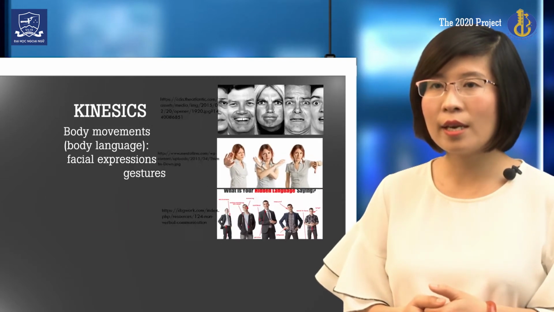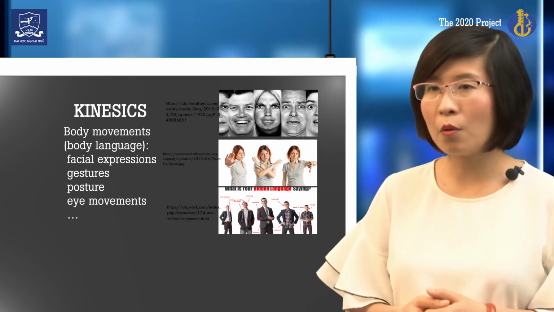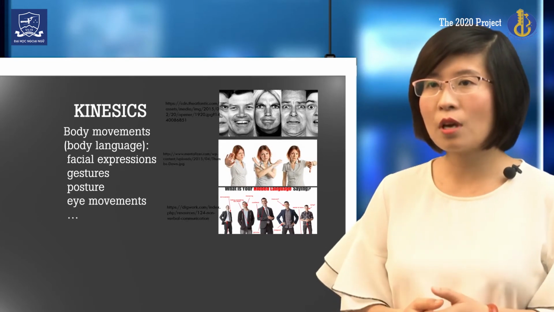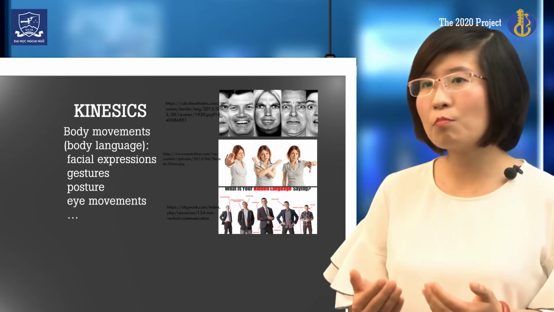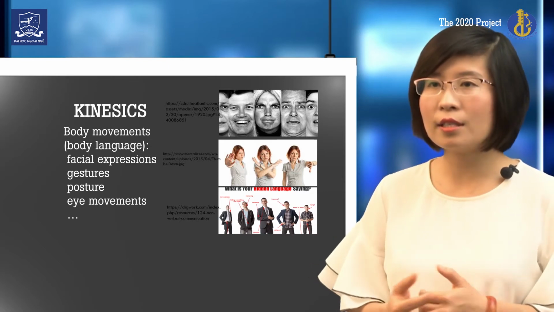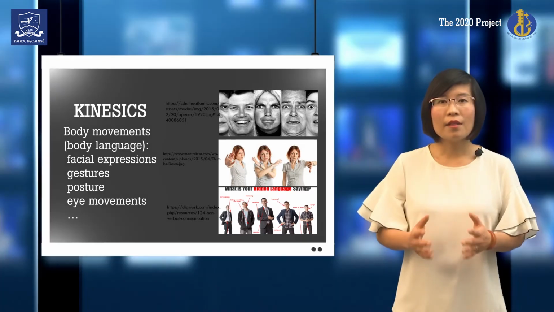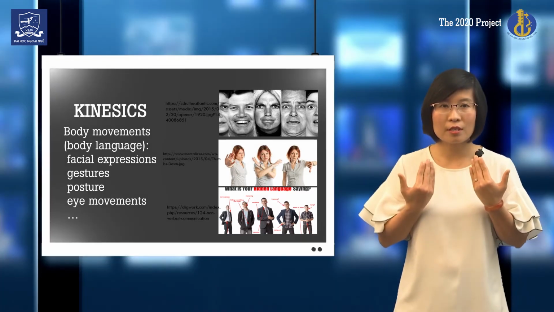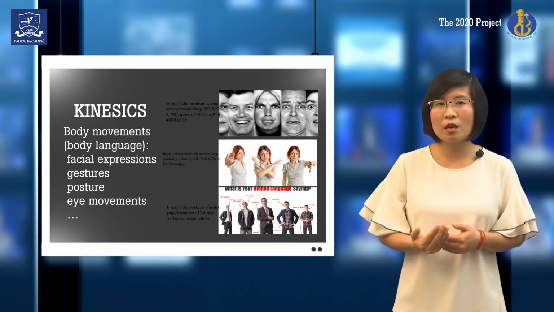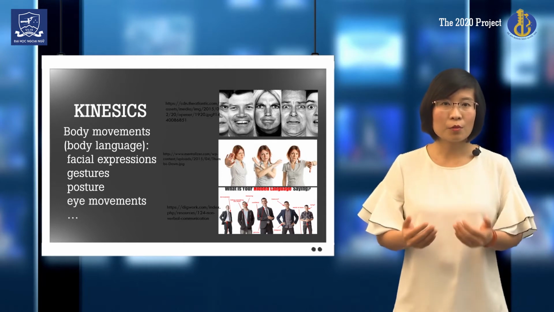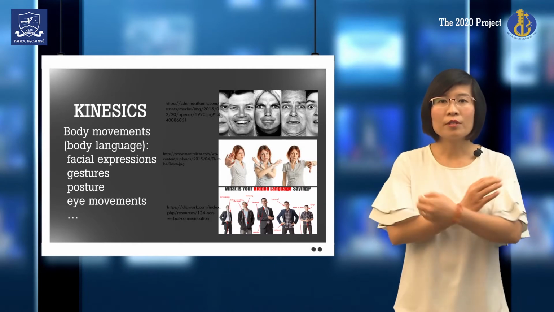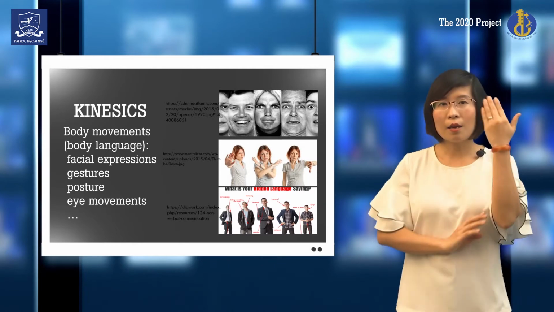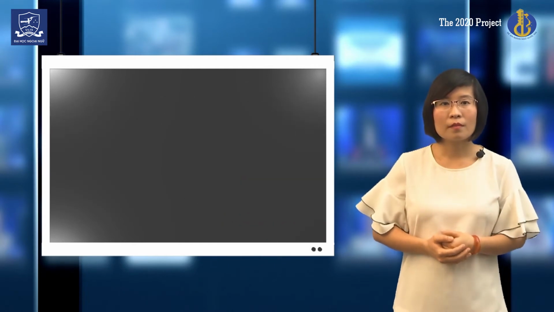The first category is kinesics or body language. Kinesic cues are those visible body shapes and movements that can send both intentional and unintentional messages. They include facial expressions, gesture or the movement of a specific body part, especially hands or head, posture or positions of the body, eye movements, and so on.